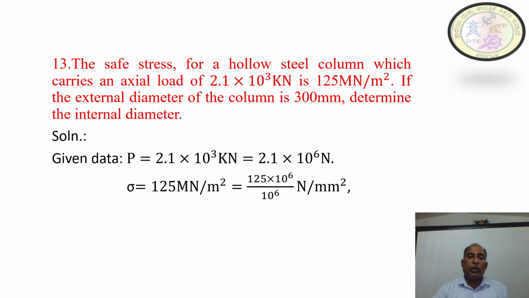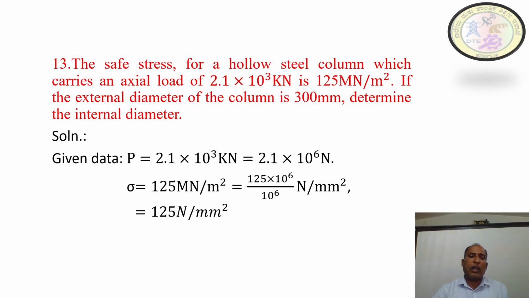So 125 into 10 raised to 6, because 1 meganewton is equal to 10 raised to 6 newton, divided by 10 to the power of 6, because 1 meter square is equal to 10 to the power of 6 mm square. Therefore stress is 125 newton per mm square.